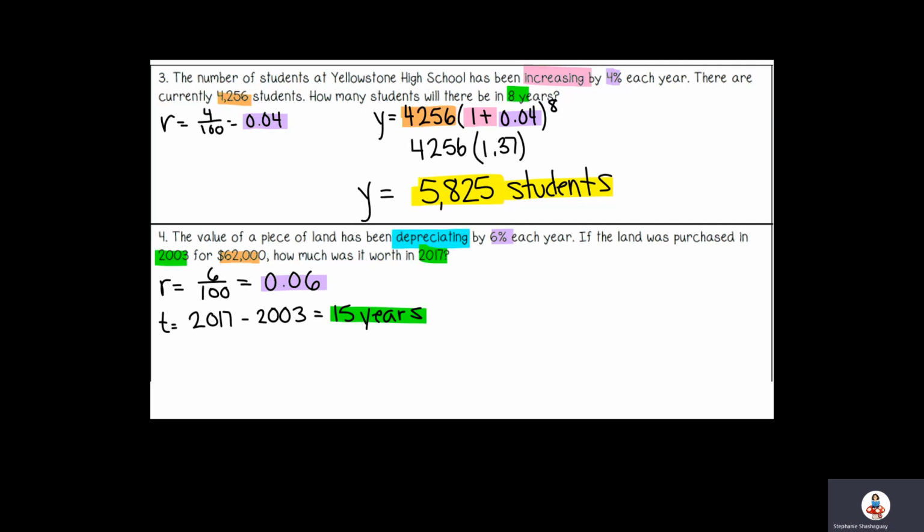Now I have all the information I need to write out my equation. So I'm going to have y is equal to 62,000, which is the initial amount. That's going to be multiplied by 1.06. I'll write it out. 1 plus 0.06, and that's going to be raised to the 15th power, because that's the amount of time that has passed.